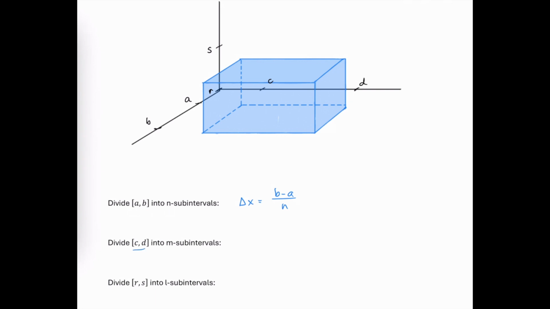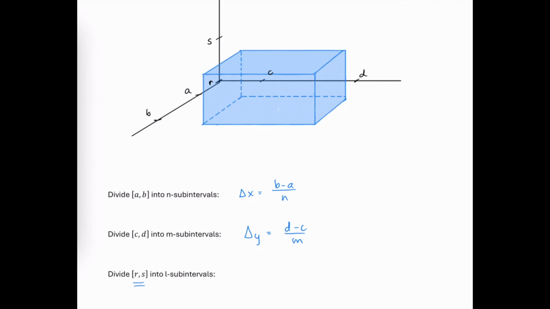If we divide the region c to d into m subintervals, each one is going to be delta y wide, or a small change in y, and each of those subintervals is d minus c divided by m wide. If we divide the region r to s into L subintervals, each of those subintervals is going to be a small change in z, where the width is s minus r divided by L.